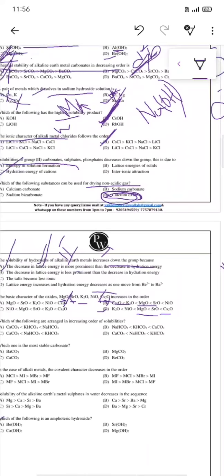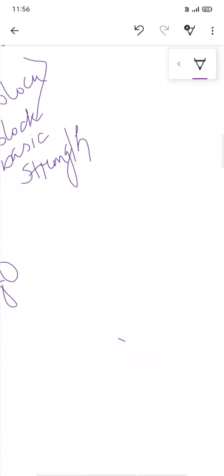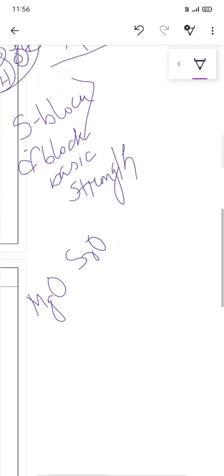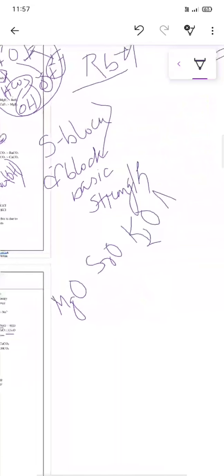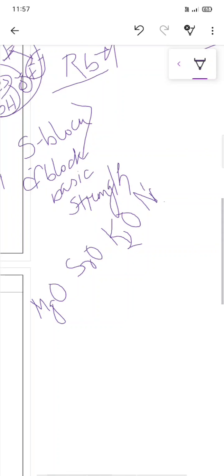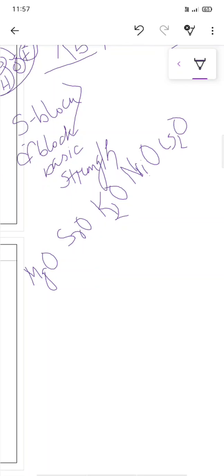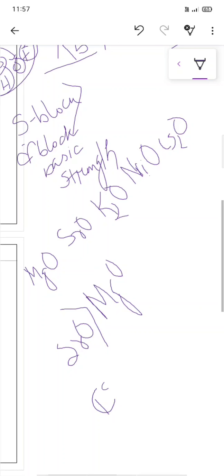MgO, SrO, K2O, NiO, CsO. So Mg, Ca, Sr, size increases down the group, therefore SrO is greater than MgO, and Li, Na, K, Rb, Cs, so CsO is greater than K2O.